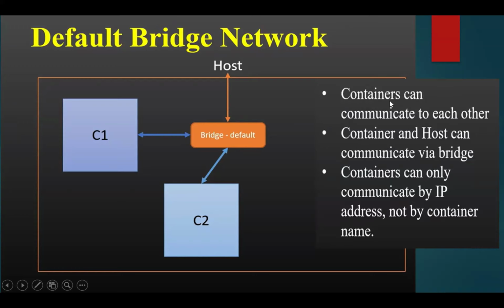So containers can communicate with each other once attached to the default bridge. Container and host can communicate via the bridge. So this bridge is a route for the communication. And containers can only communicate by IP addresses, not by container name. So remember, if I use the container name to talk between them, it won't work. You require IP addresses.